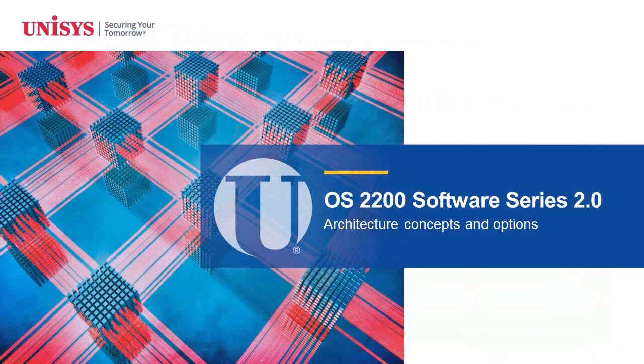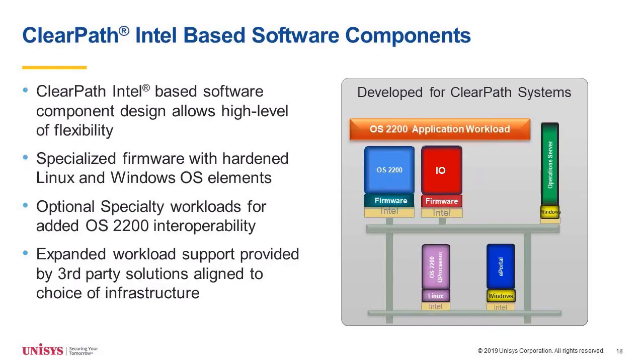So let's go through some of the architectural concepts as well as some configuration information here. Now, as we've successfully implemented the firmware for our Intel-based Dorado family, our ClearPath servers, we've been able to take that firmware and utilize it within a different design.